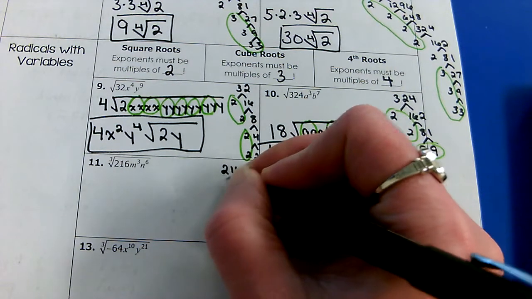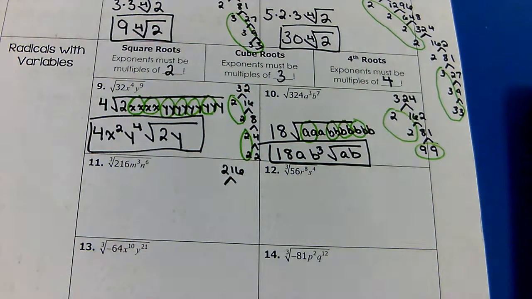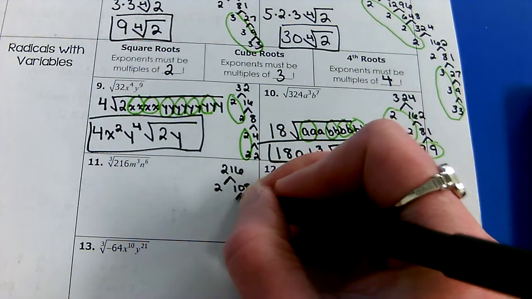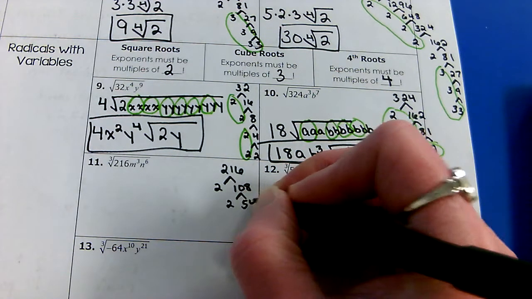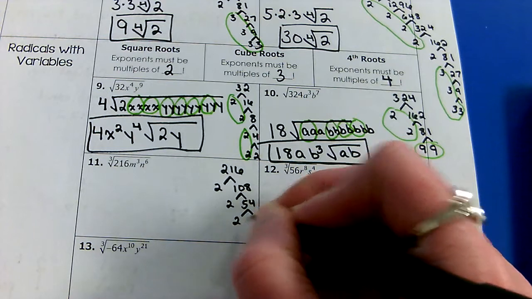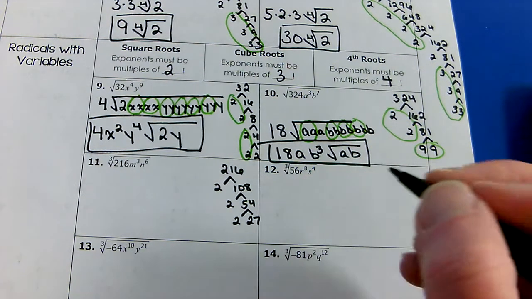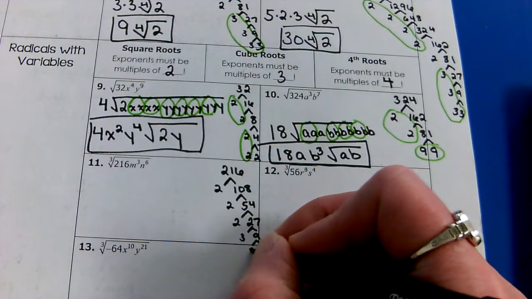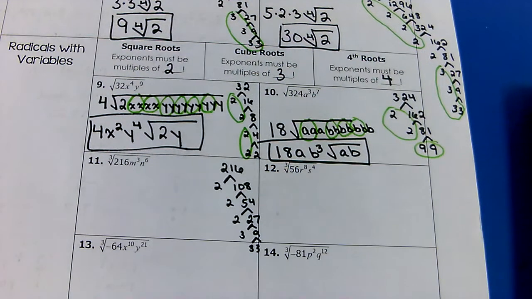216, 108, 54, 2 and 27, 3 and 9, 3 and 3.